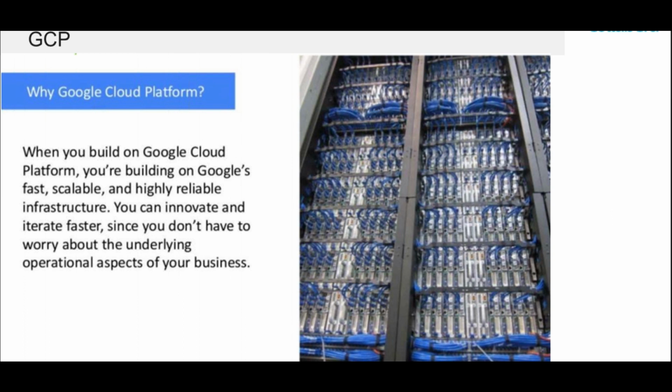This is the back panel of the servers available in the data center, the backside of the rack servers. So you can innovate and iterate faster since you don't have to worry about the underlying operational aspects of your business.